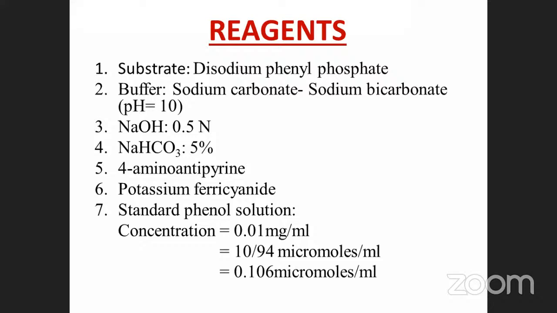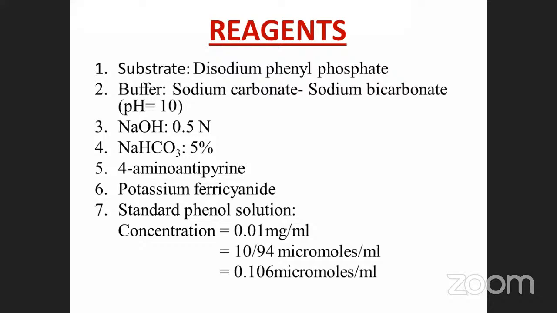Suppose, for example, you will prepare 100 ml of 0.01 milligram per ml solution. Take 1 milligram phenol and add 99 ml water to form 0.01 milligram per ml standard phenol solution. Understood?